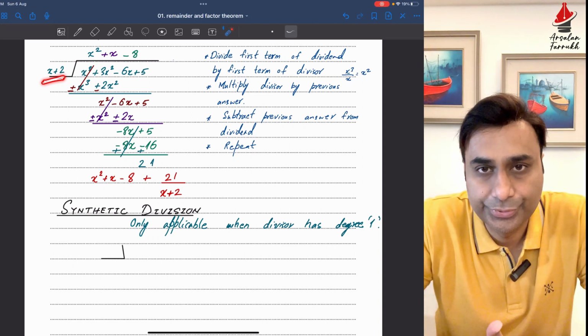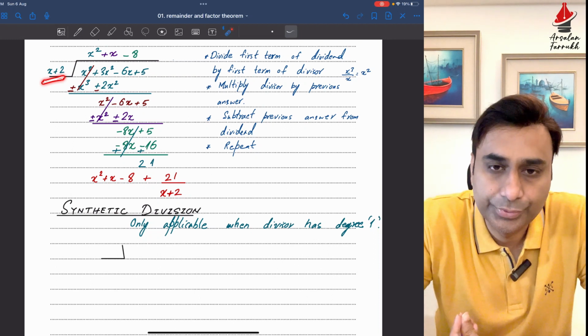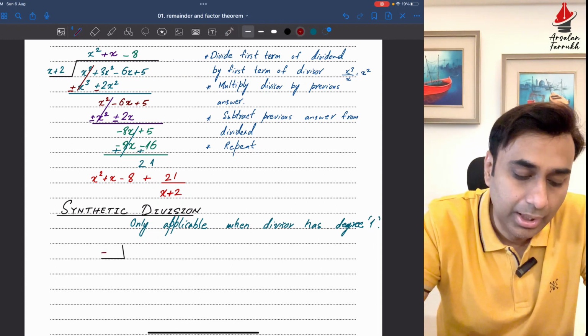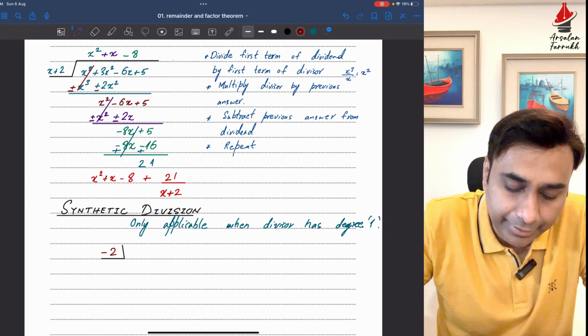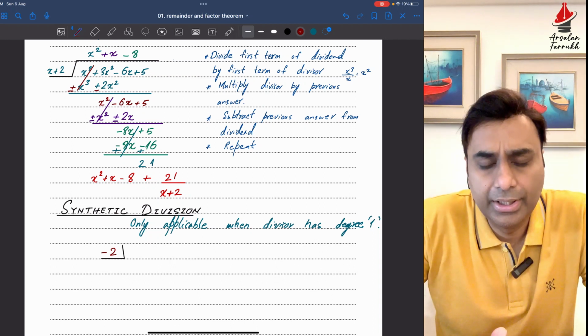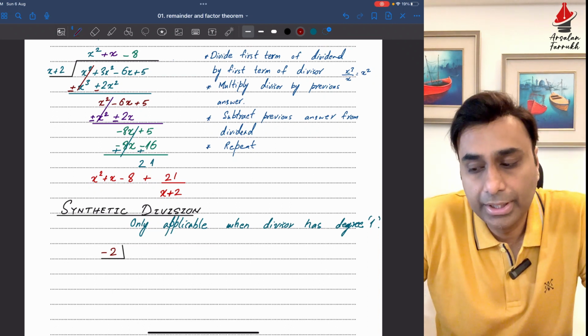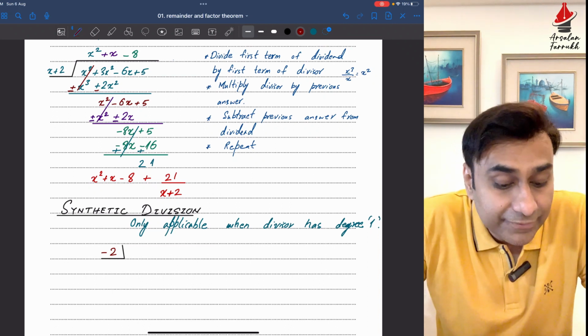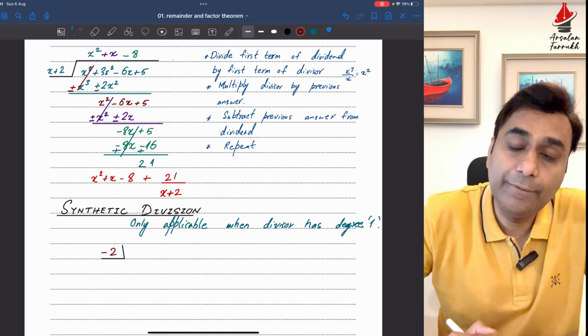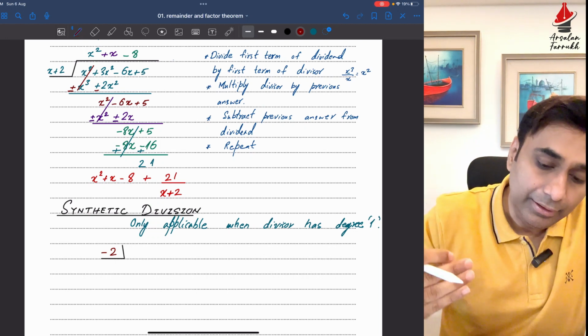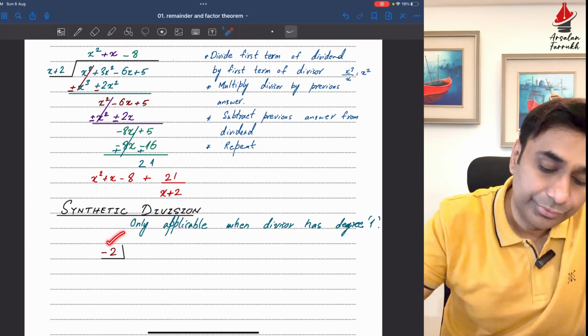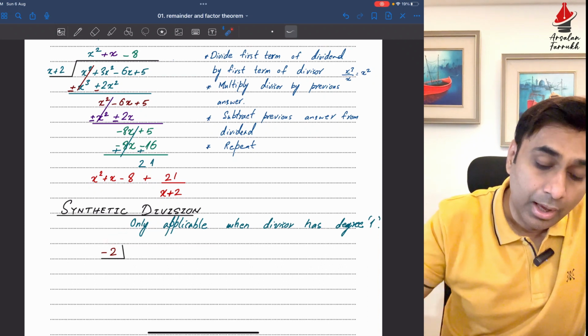Like I equate x plus 2 to 0, and when I do that, I get minus 2, and that number I will write here. Let's say I was dividing it by x plus 3, then I would write minus 3 over here. Let's say I was dividing it by x minus 5, I would write plus 5 over here. Just equate that to 0, and then whatever is the value of x, you write that down over here.